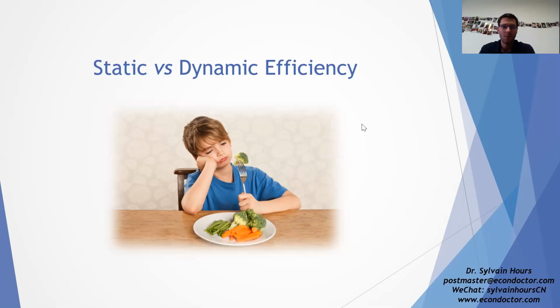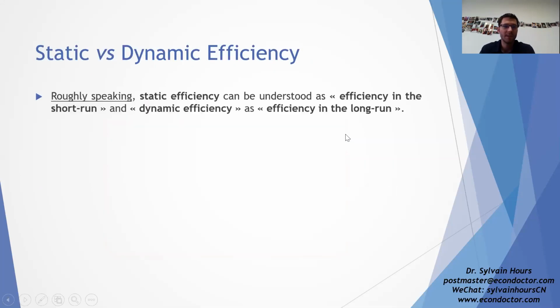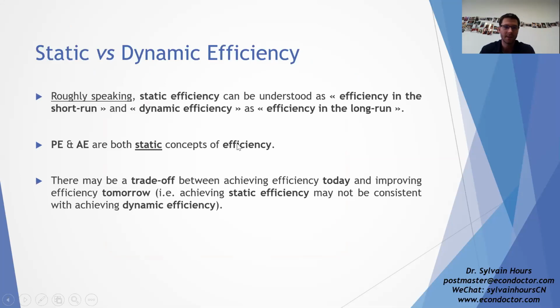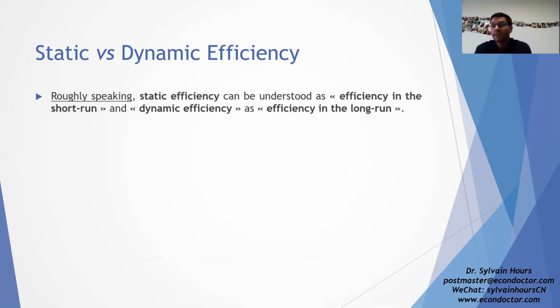Okay, how about examples more specifically related to economics? We'll see that. So roughly speaking, static efficiency is efficiency in the short run and dynamic efficiency is efficiency in the long run. Yesterday we talked about allocative efficiency and productive efficiency, and you see that we never really talked about time.